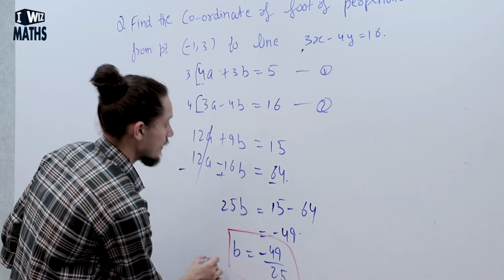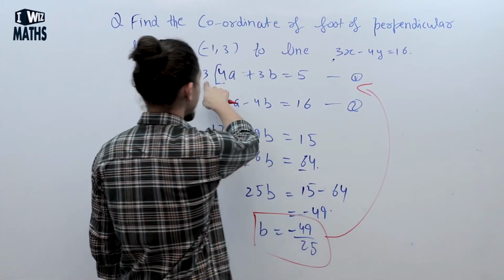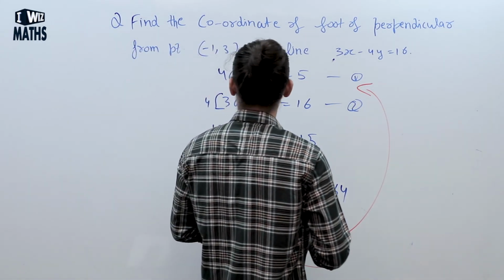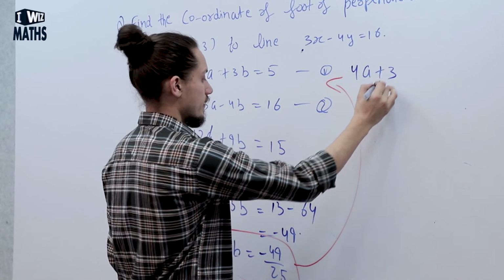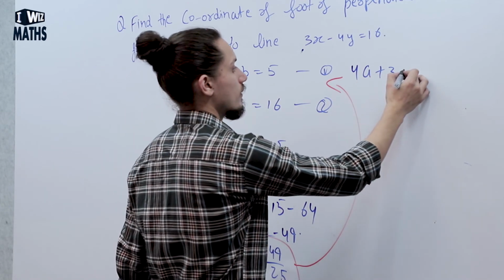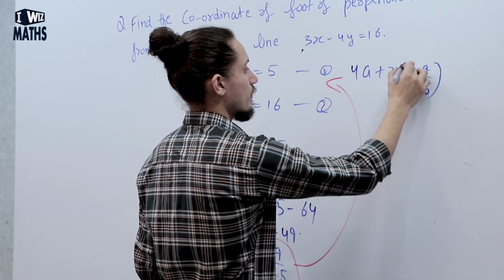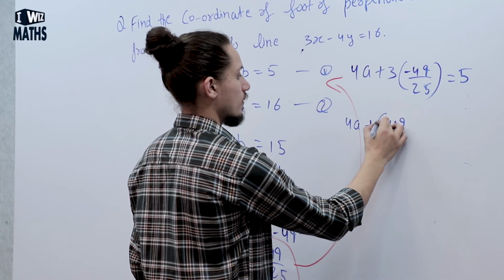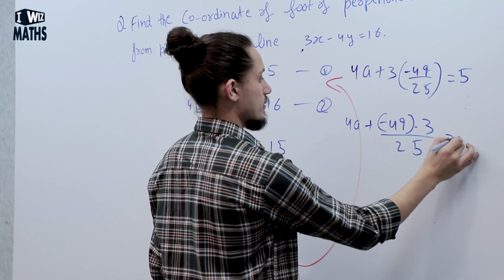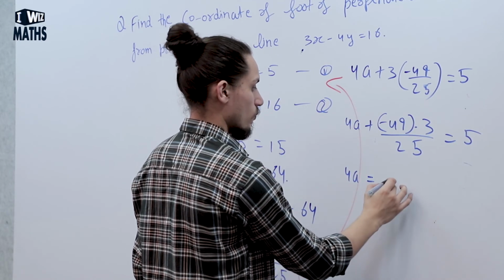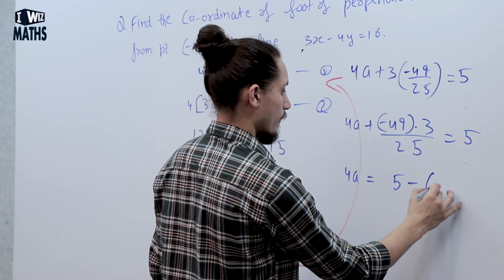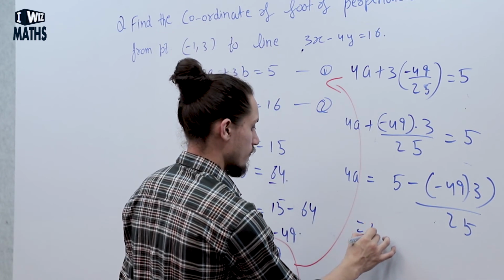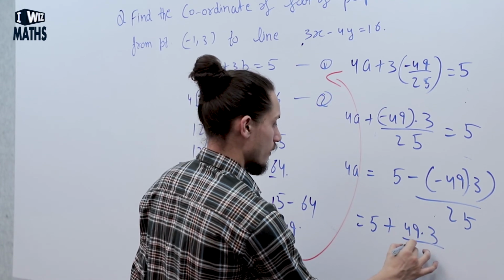Using this value of b in equation 1, where the multiplication by 3 was not done, we put the value of b in this equation. So we get 4a plus 3 into (minus 49 upon 25) is equal to 5. So 4a plus 49 into 3 upon 25 with a minus sign: 4a is equal to 5 minus 49 into 3 upon 25, which gives 5 plus 49 into 3 upon 25.